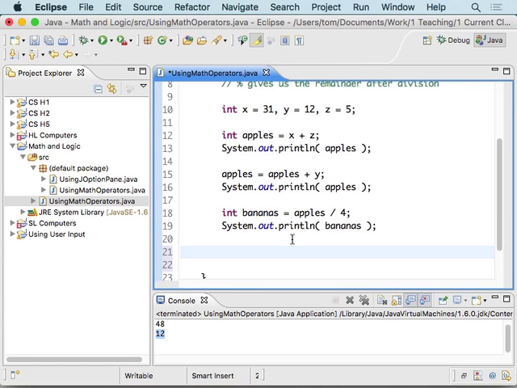There's a little bit of a weird thing that happens with integer division. When we say integer division, we're taking an int and dividing it by another int. So what happens when that's not a whole number result? For example, here we have bananas equal to 12. Let's say that we want bananas to now equal whatever apples was, which was 48, and let's divide that by 7.